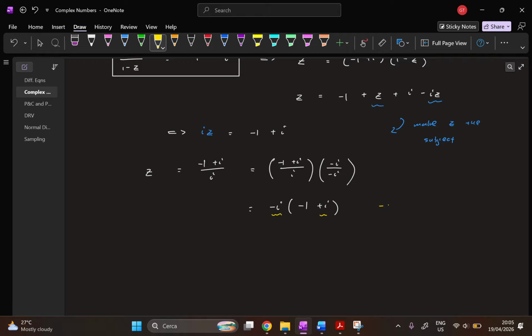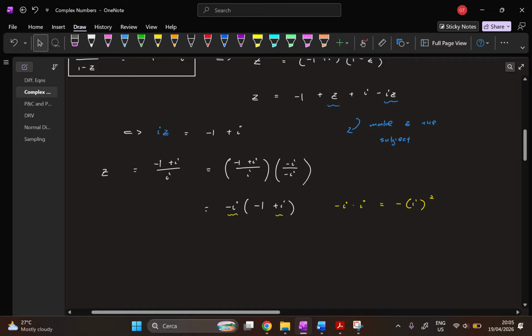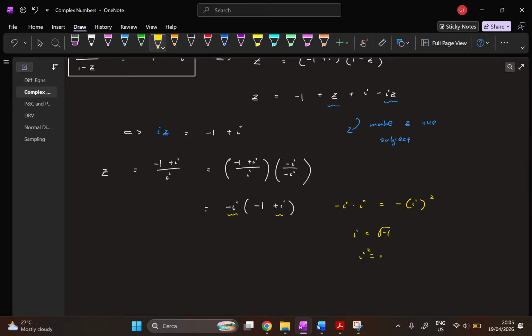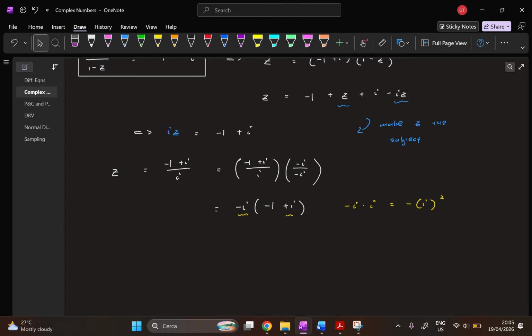So I will get minus i times i, which is obviously going to be minus i squared. Now think about it, what is i squared? Because i is root minus 1, so i squared is just minus 1. This property will be a very, very useful shortcut throughout this topic of complex numbers. Okay?